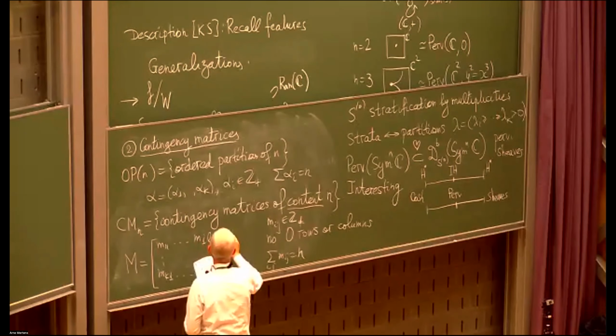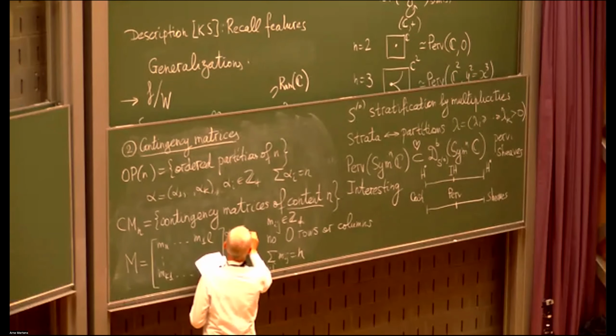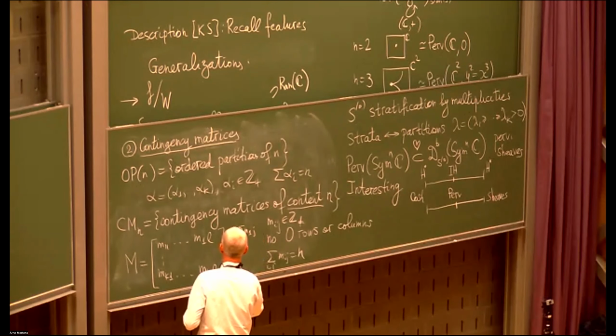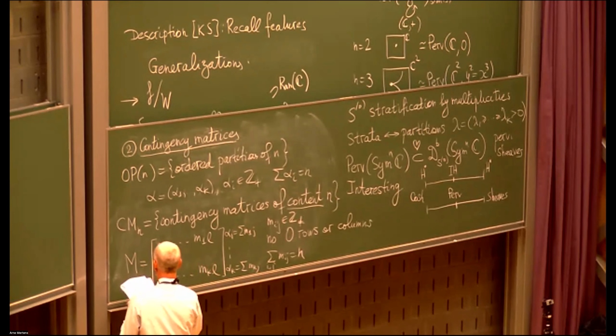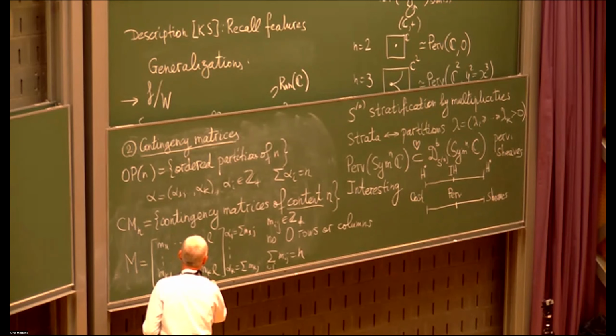So here I can write alpha 1 is the sum of M1j, alpha k equals the sum of Mkj, and beta 1 is this sum, up to beta L.